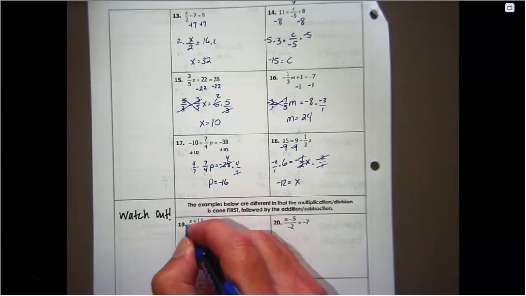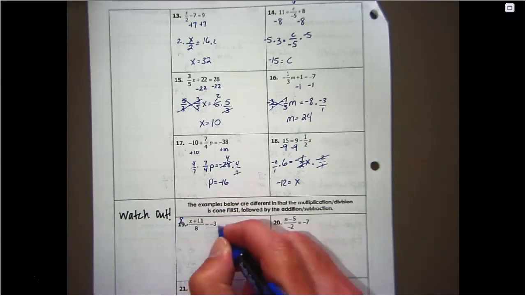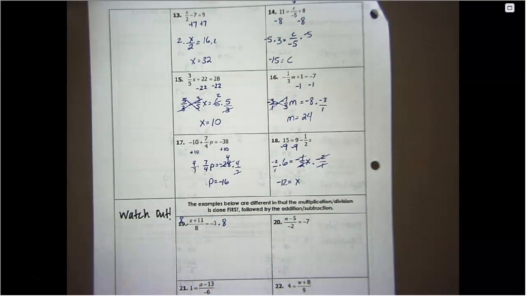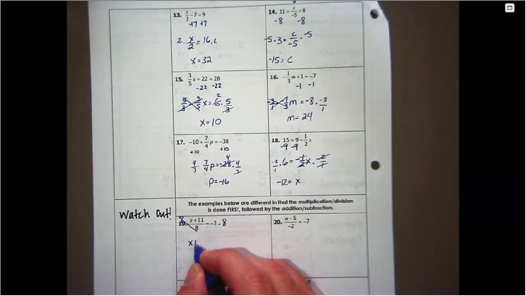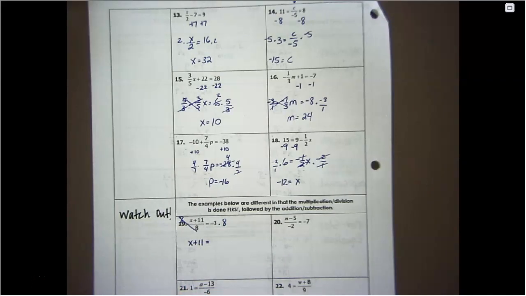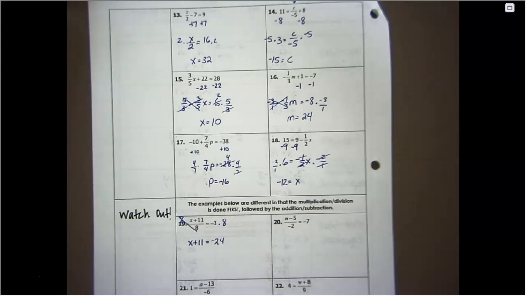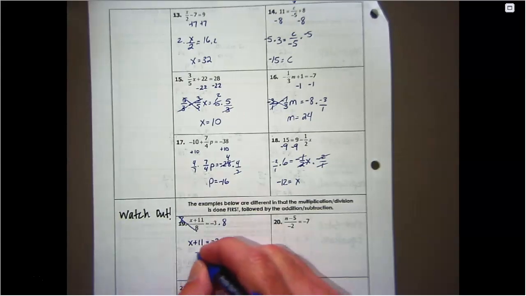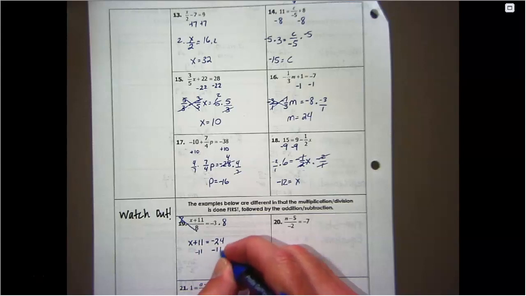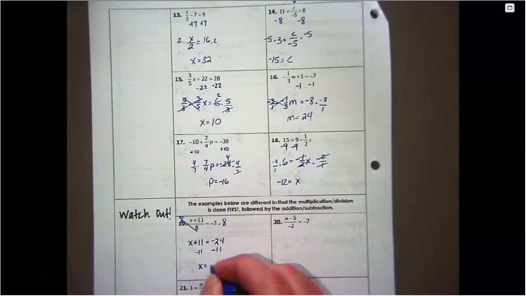So my very first step here is going to be to multiply by 8, so that way we can get rid of it, okay? So those 8s are going to cancel. We have x plus 11. Negative 3 times 8 is going to give me that negative 24. And now we're back to a one-step solution. We're going to subtract 11, and find out that x is equal to a negative 35.